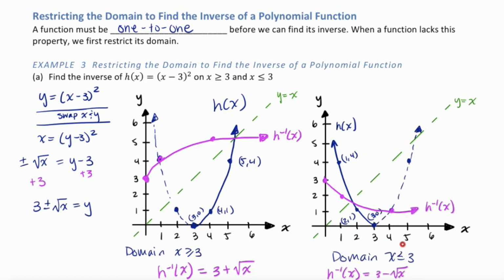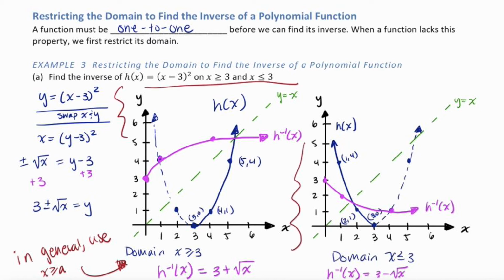When we restrict to this domain, x is less than or equal to 3, we end up with this inverse function. In general, this is what we do. That is, we use the domain x greater than or equal to some value. So that would be this case here. So this is what you will do on your own when you're restricting domains. You will use this case.